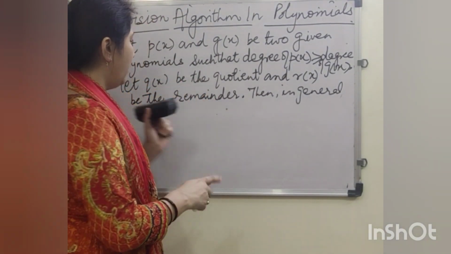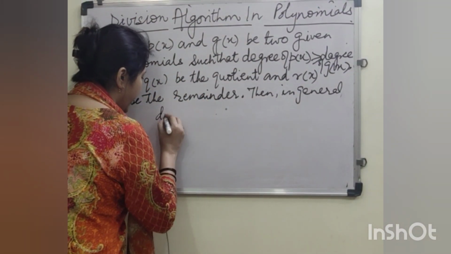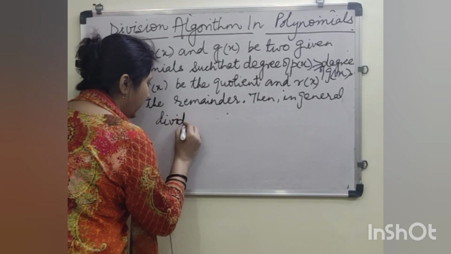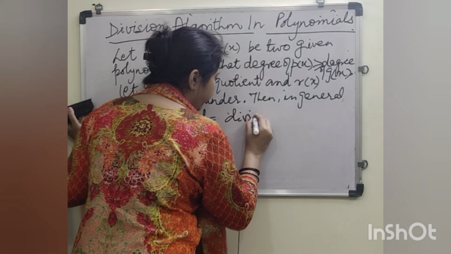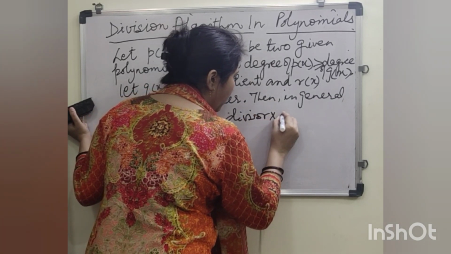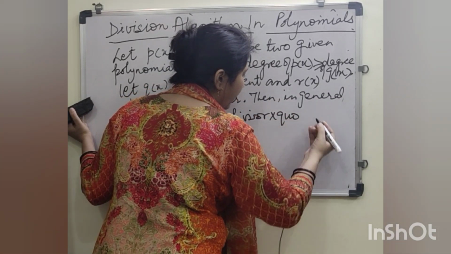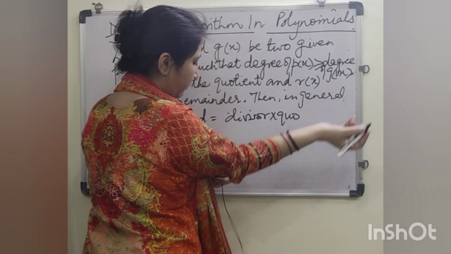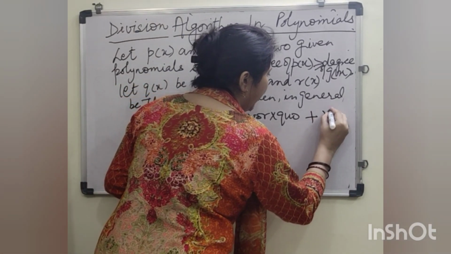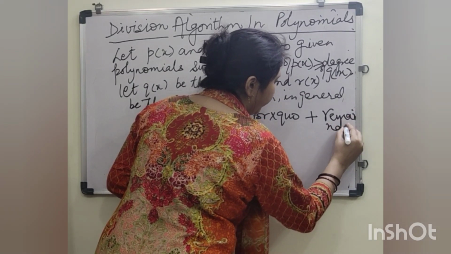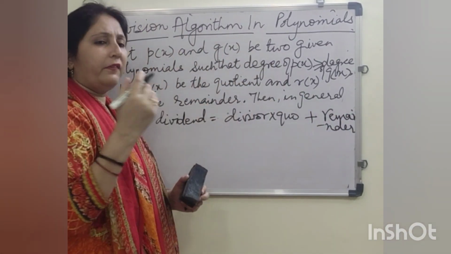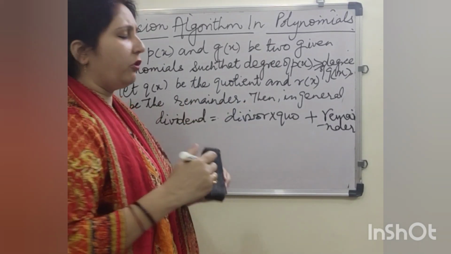Now in general, what was the formula? It was dividend is equal to divisor into quotient plus remainder. Was it there? The same way we'll write for algebra.